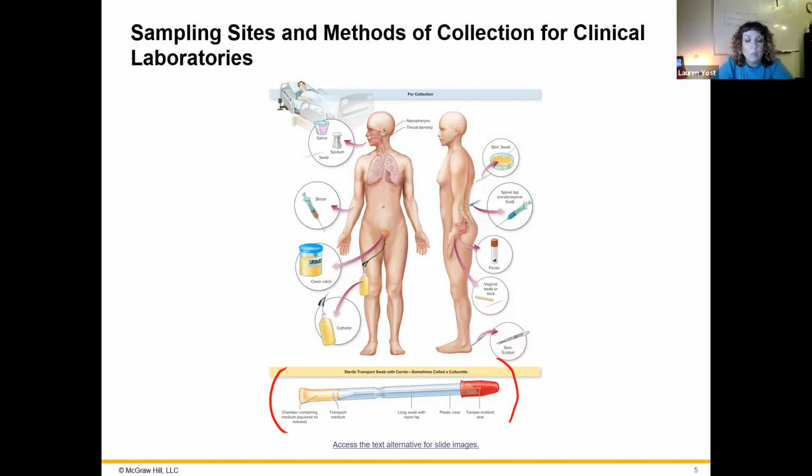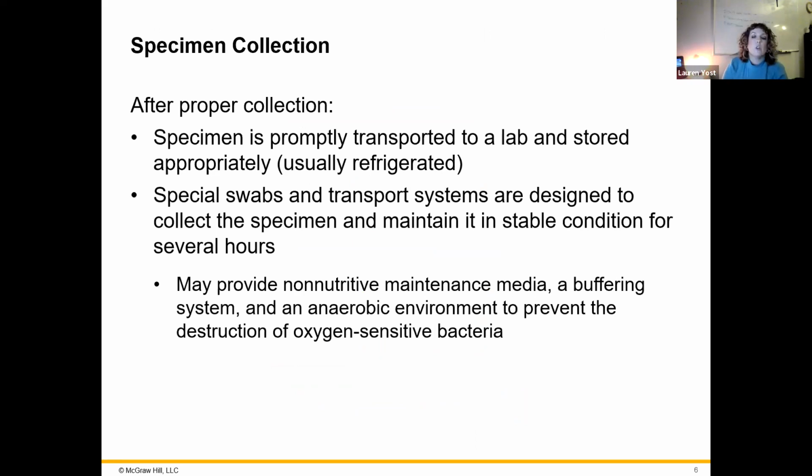You have media in the bottom of it that helps maintain the health and stability of the organism until we can get it cultured properly. And then you can also squeeze on the bottom of it to help mix the microbe sample in once you've swabbed whatever you're swabbing. And it has the tamper evident cap, which is also important, right? You want to be sure you're not swabbing somebody else with another person's swab. So that's our transport media.